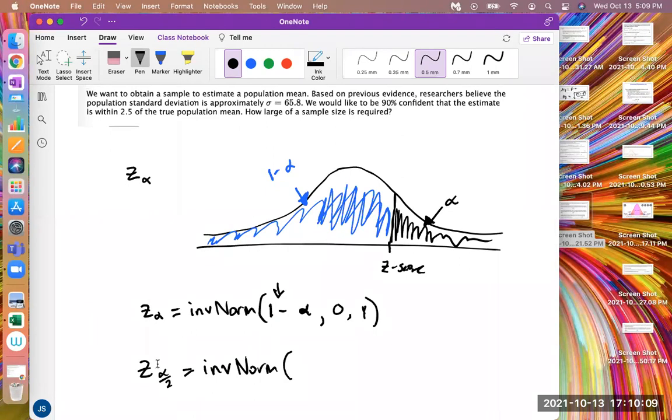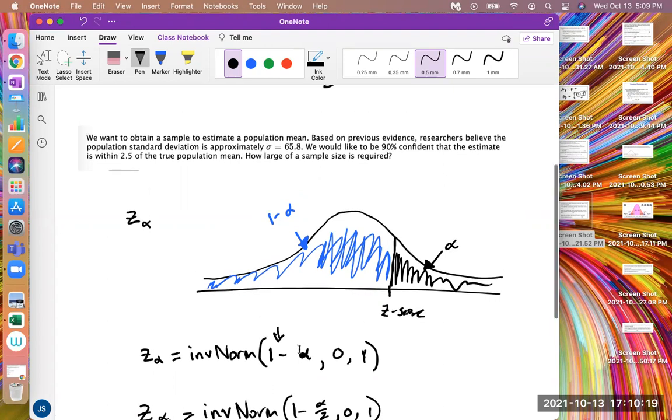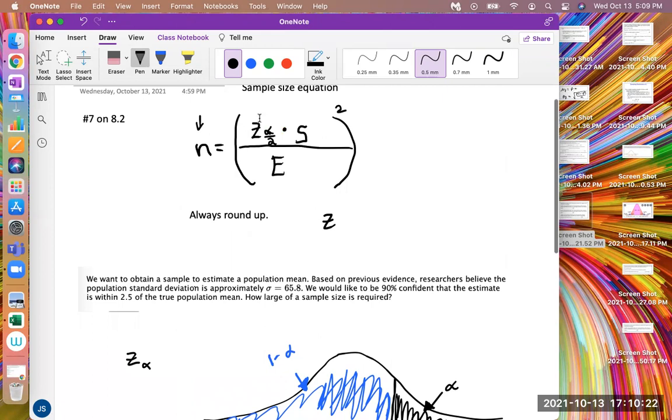There's alpha over 2 to the right, so there's 1 minus alpha over 2 to the left. And this is going to calculate the score that you need to plug in place of z alpha over 2, because z alpha over 2 is one variable, one placeholder that we're going to put one number in for.